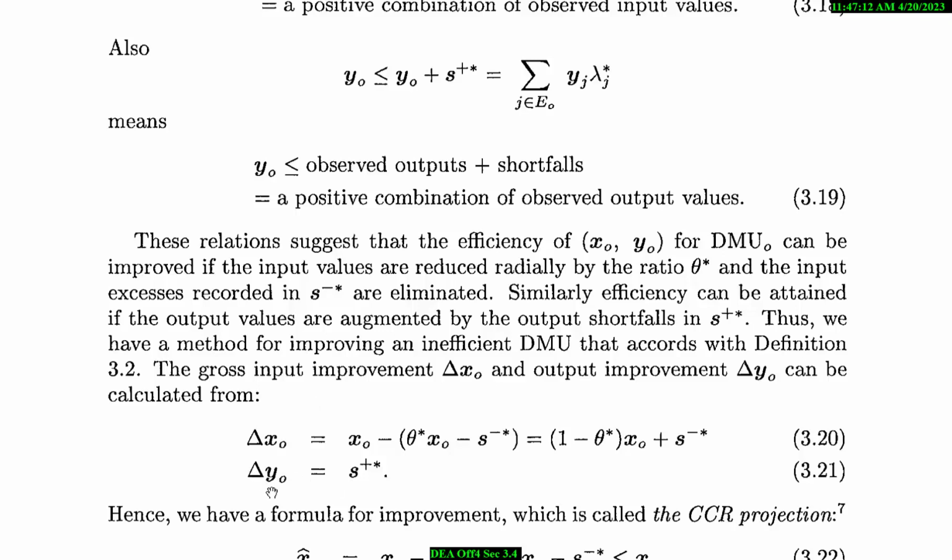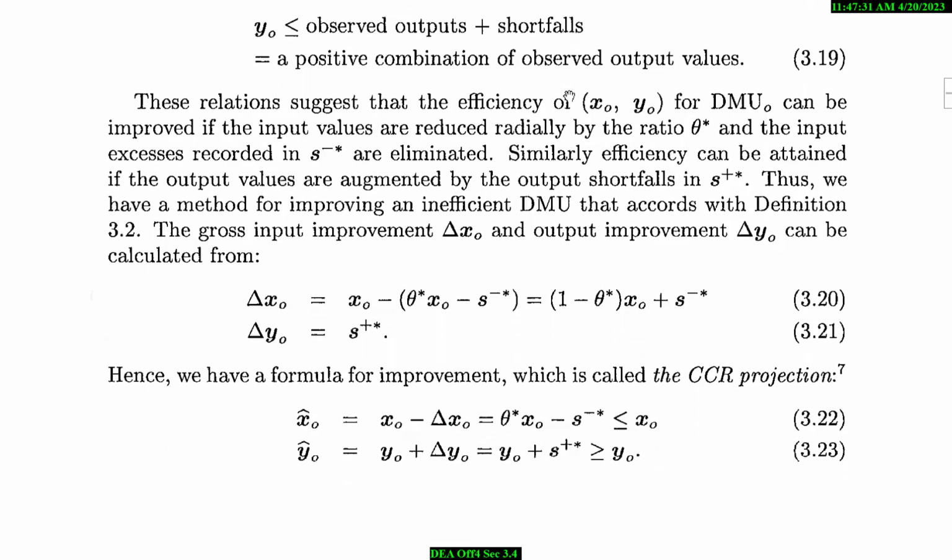So delta YO is s plus star, meaning we can add s plus star to the output to give a better combination of inputs and outputs.